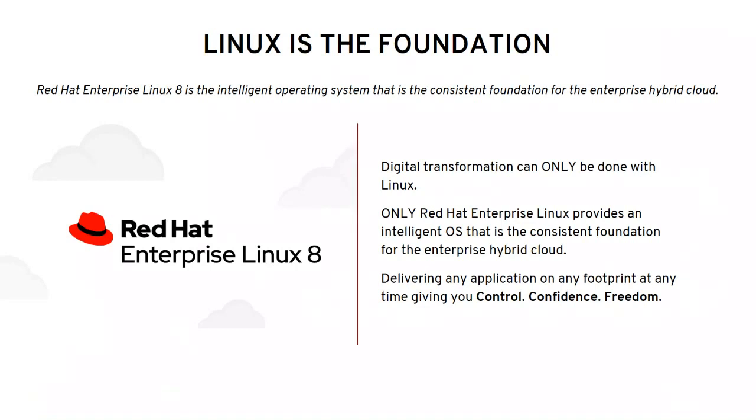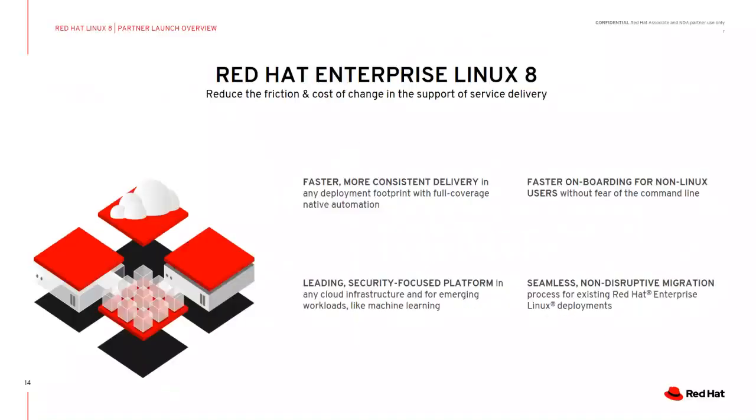Okay, so that's where it is faster, with more consistent delivery in any deployment footprint with full coverage, native automation. Okay, so a leading security-focused platform in any cloud infrastructure and for emerging workloads like machine learning as part of the base platform itself. So Red Hat Enterprise Linux provides machine learning as part of the operating system by default.